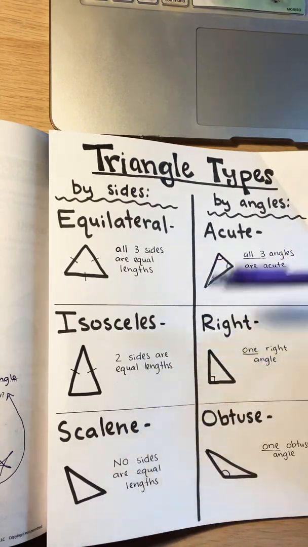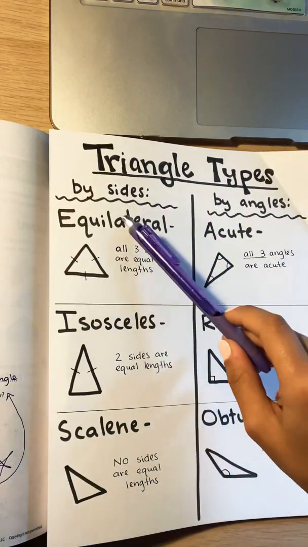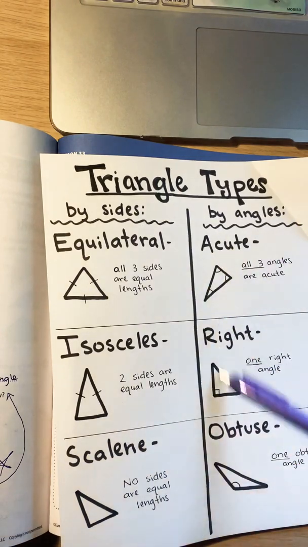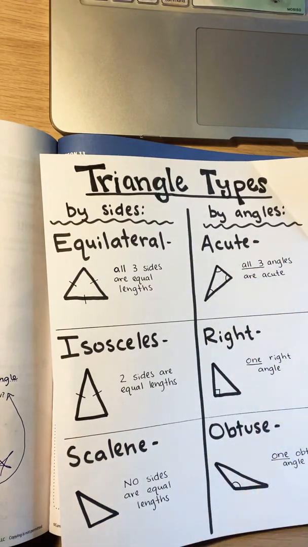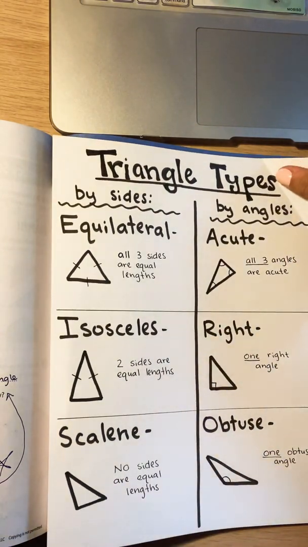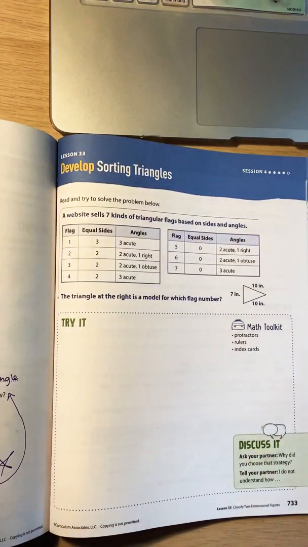This is all the different types of triangles sorted by the types of sides they have, and on this side is the types of angles they have. I'm going to have this poster right next to me that I can reference because the different types are kind of tricky to remember. So in case that helps you, put that on the side, okay?